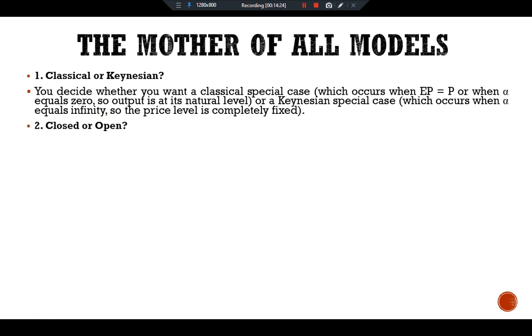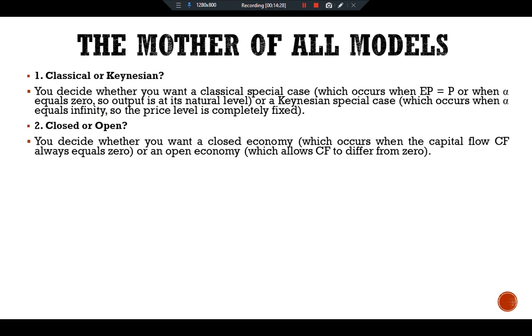Okay, closed economy or open economy. You decide whether you want a closed economy, which occurs when the capital flows CF always equal zero, or an open economy, which allows CF to differ from zero. Small or large economy.